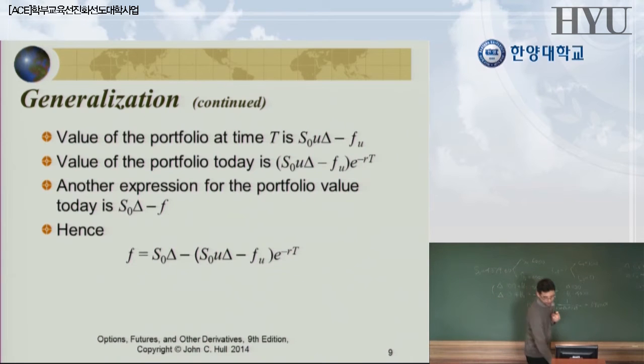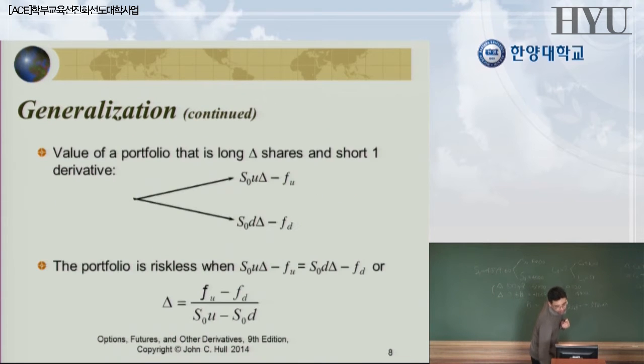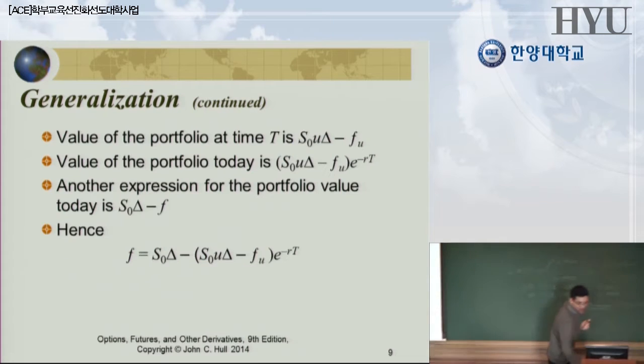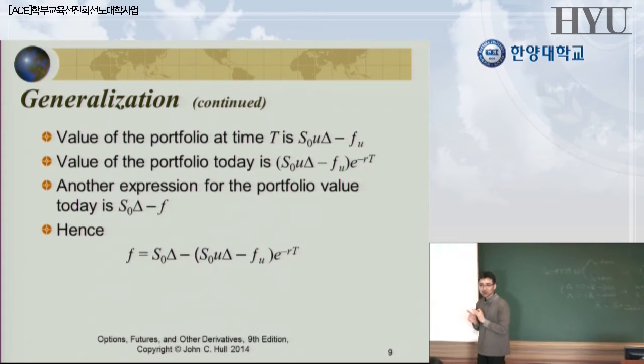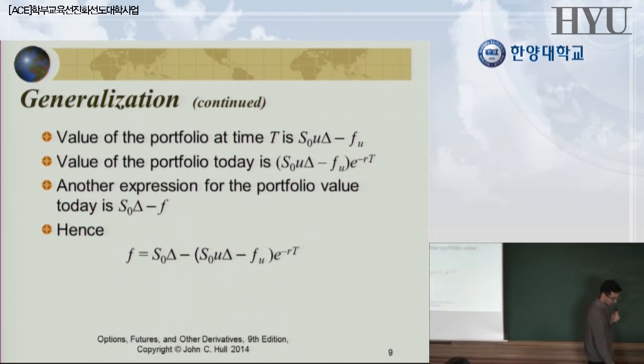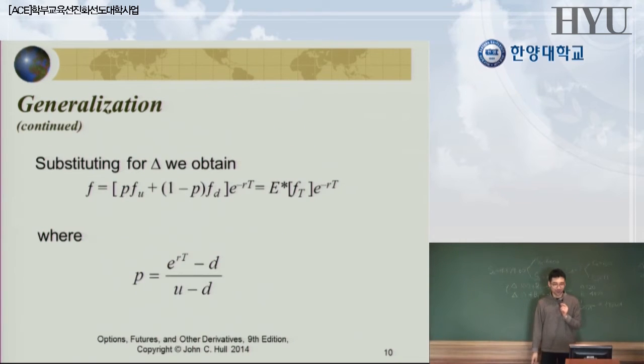And then next we can plug in, right? This delta, we got the delta, right? Delta is the ratio between the derivative price change and the stock price change. And we plug this delta here, okay, then we have a very nice, neat expression, which looks like this, okay?